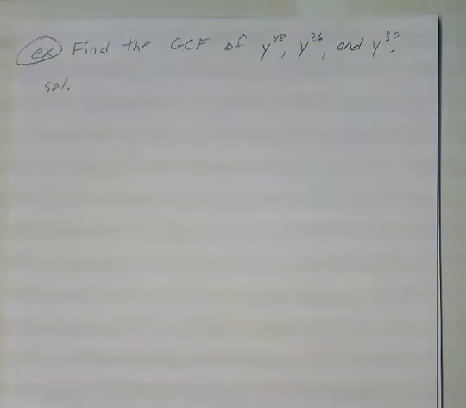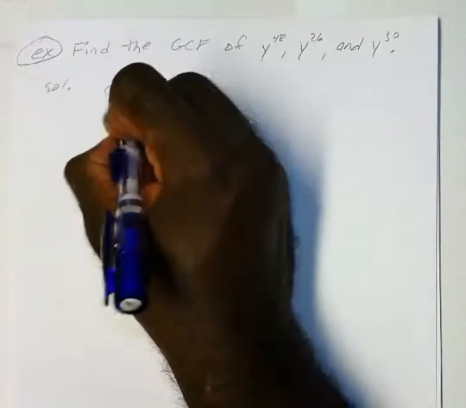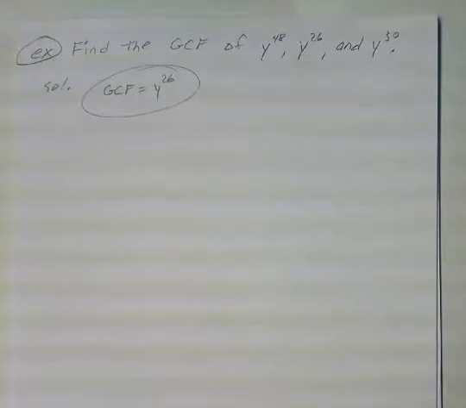So honestly, you should know the answer already, because you're just going to look at the smallest exponent, which is y to the 26th power, sorry for that. Because if you multiply them all together and started circling common factors, you'd stop at 26.